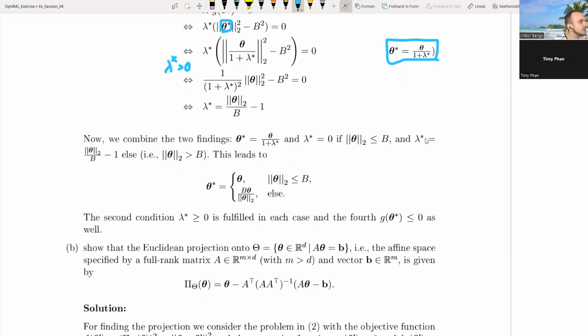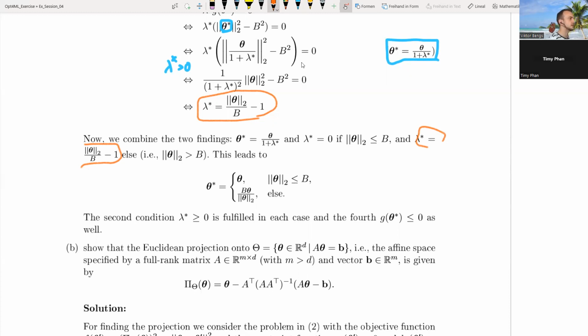And if it's not, then the lambda star is like this. Well, this is what we get here. But if we combine now everything, theta star is of this kind.